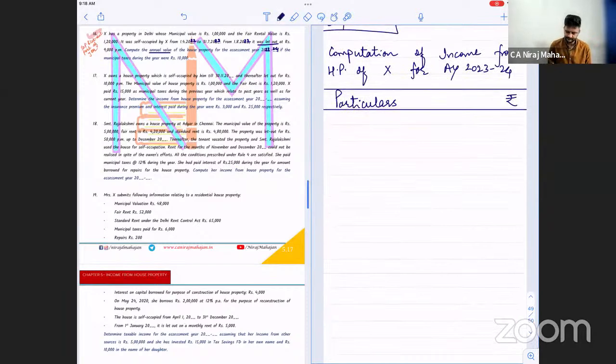So this is your case. It is partly let out and partly SOP also for the year. Correct? GAV calculation.